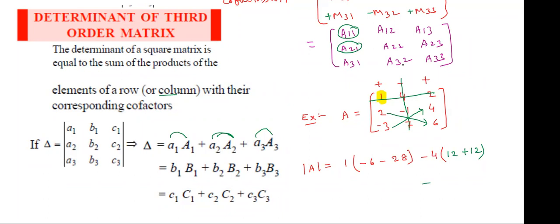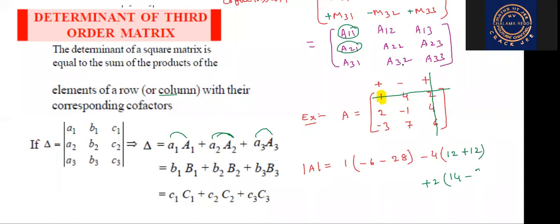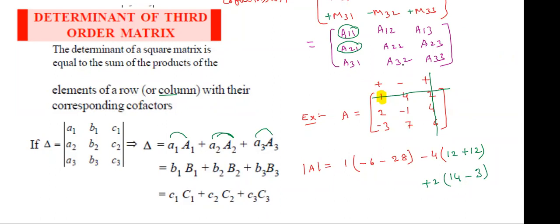Next, the third element, plus 2 into, how to find it? Here it is 4 now. Write the plus symbol first. Remaining elements: 2 into 7 is 14 minus 3 into minus 1, plus 3.